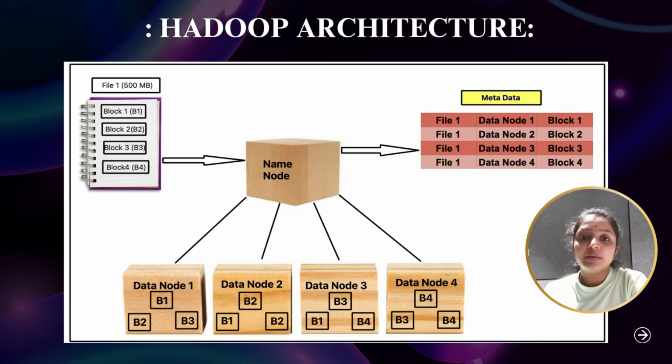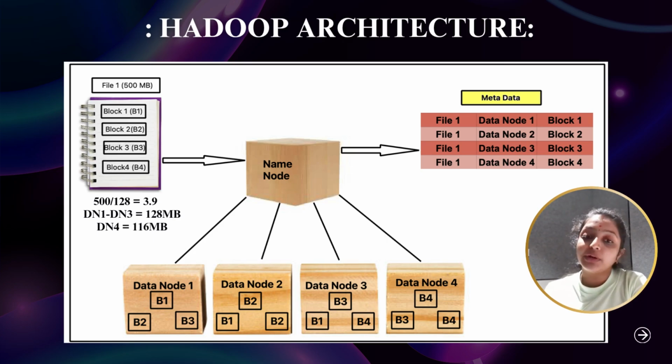So here we will be having one name node and multiple data nodes. These blocks are by default of size 128 MB. So for example, our file is of 500 MB as shown in the picture. So what I'll do is divide the file size by 128 MB. That will come to approximately 4. So it means you require 4 data nodes.